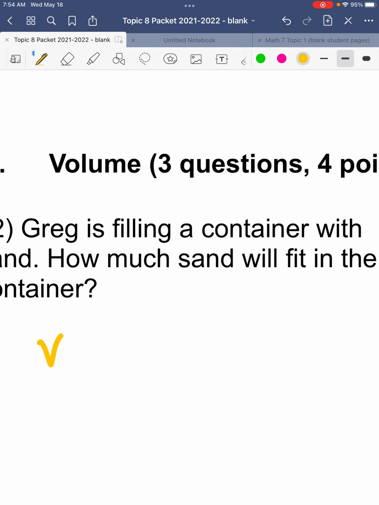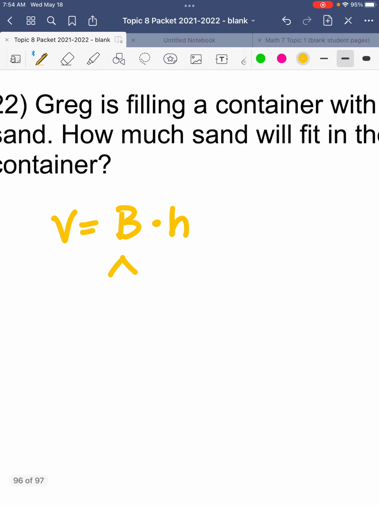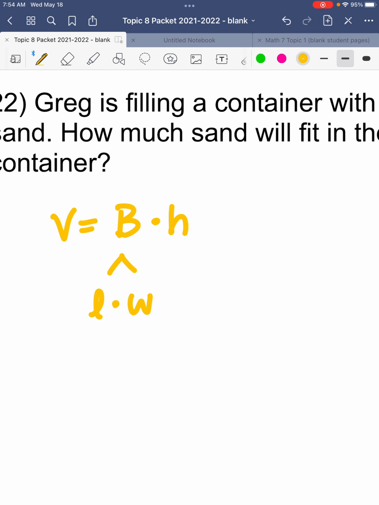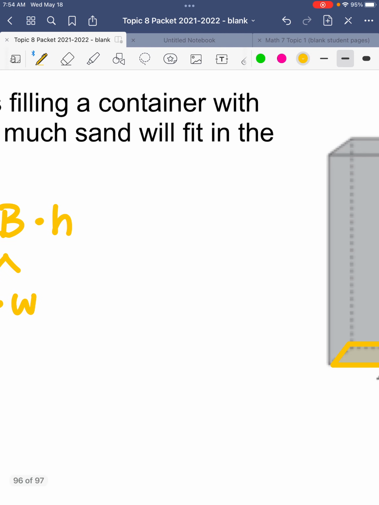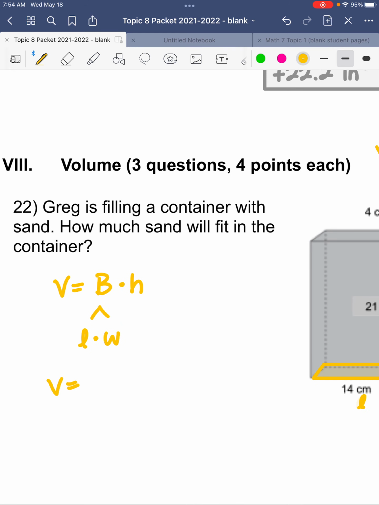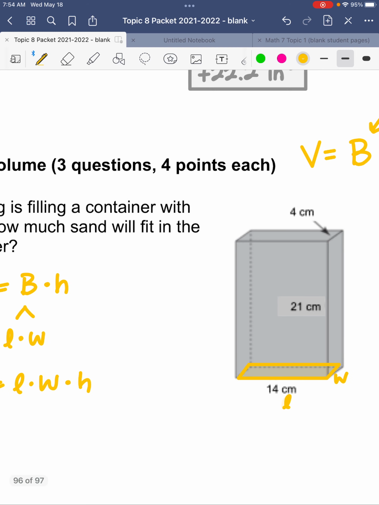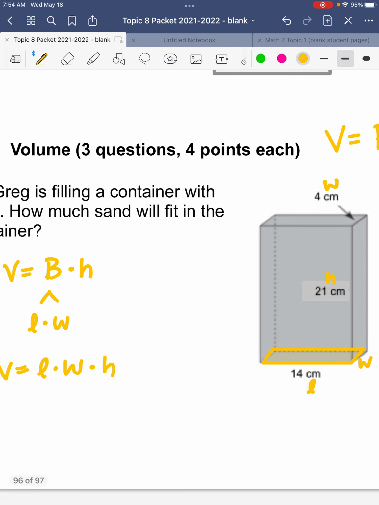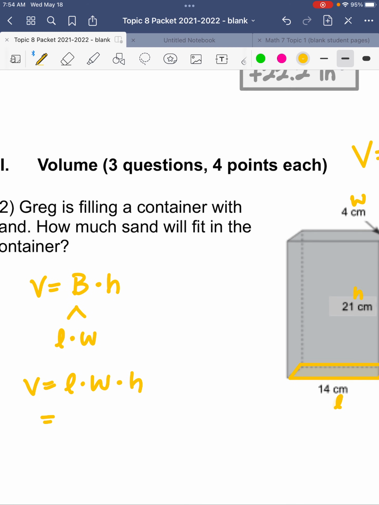If volume is big B times H, and I know that big B in this case is going to be length times width, could I just say that volume then is length times width times height? I sure could. So let's label things. We've already labeled our length and our width. That means 21 has to be our height. So we're going to multiply 14 times 4 times 21. And we're going to put that in our calculator and figure out what we get.